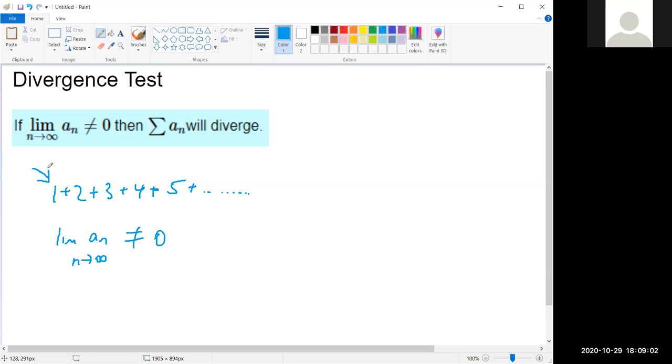Anyone say converge? Keep in mind that we're adding up all these numbers, right? We're doing 1 plus 2 plus 3 plus 4, and then we keep adding and adding. So is our sum going to converge or diverge? What do you guys think? One student says diverge.